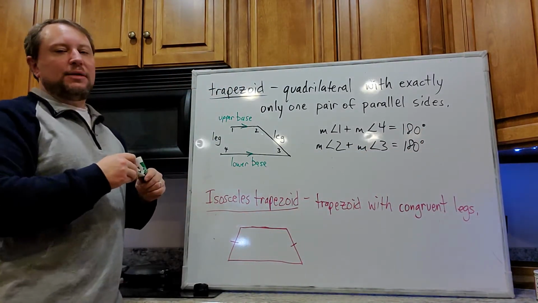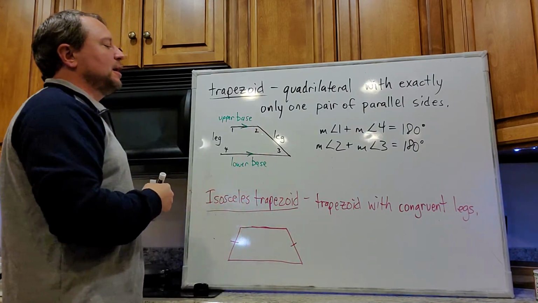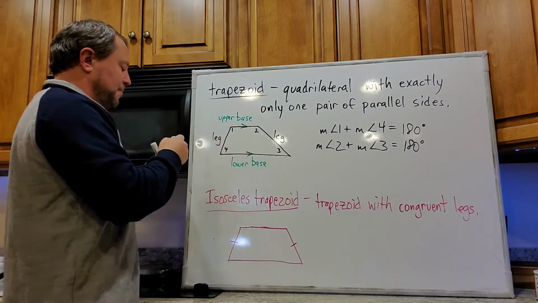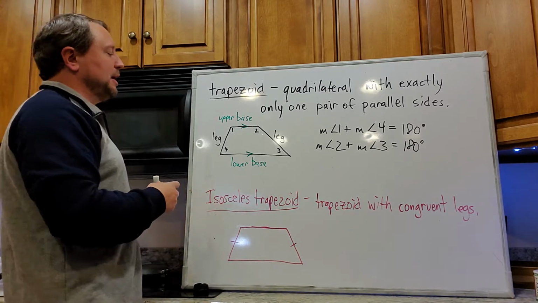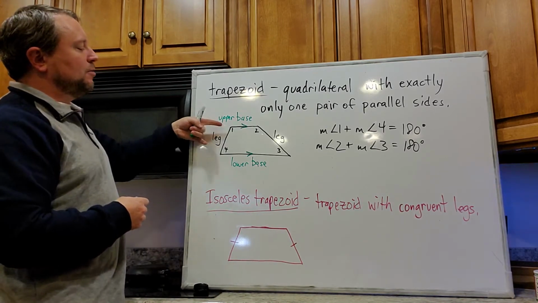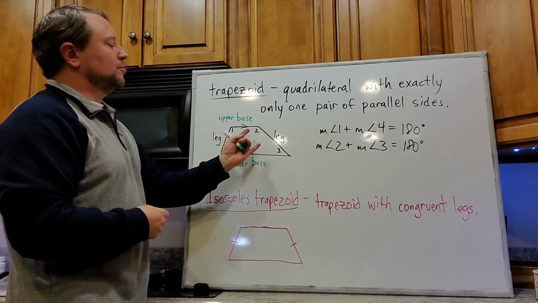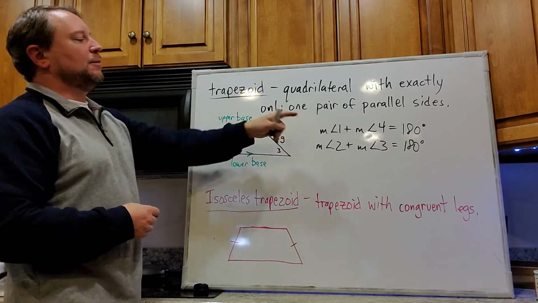Okay, but don't assume that's true about all pairs of consecutive angles inside of this trapezoid. If I draw this back in again, it only works between the parallel lines, or you might say it only works for the two angles on the same leg. So 2 and 3 add up to 180, they're on the same leg. 1 and 4 are on the same leg, they add up to 180.